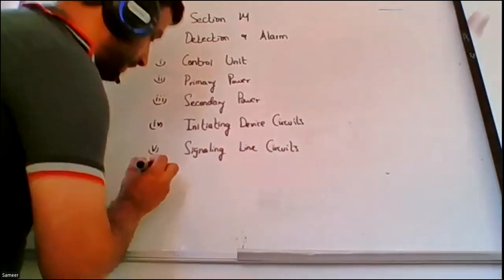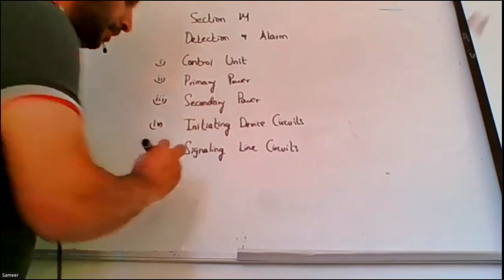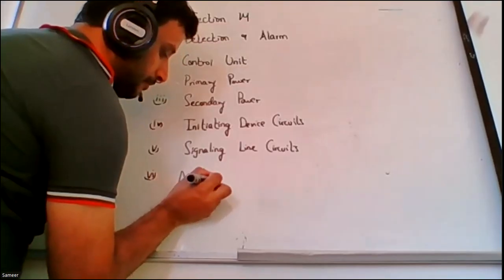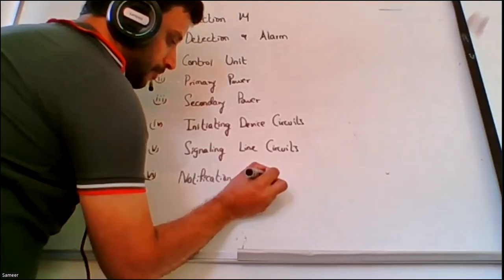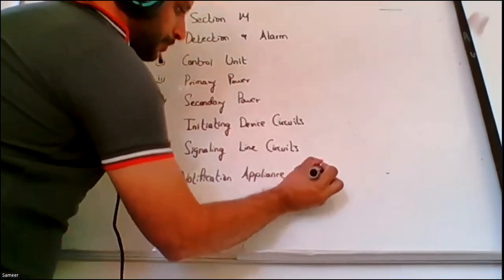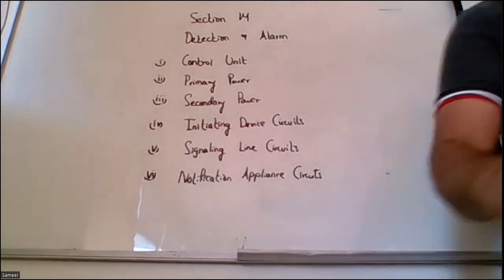And in the last, we have notification appliance circuits, like our sounders and flashers. So they are notification appliance circuits. Initiating device circuits, signaling line circuits, and notification appliance circuits.